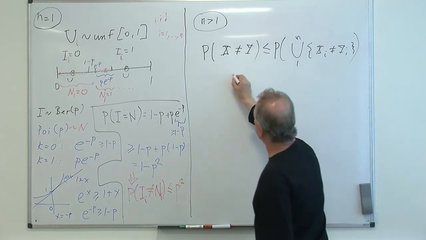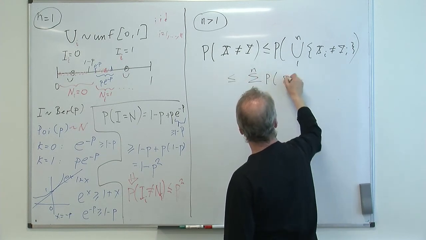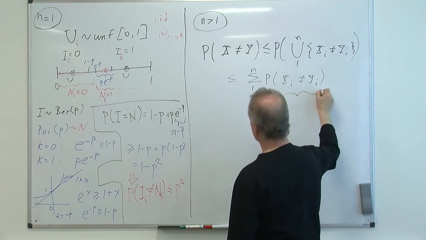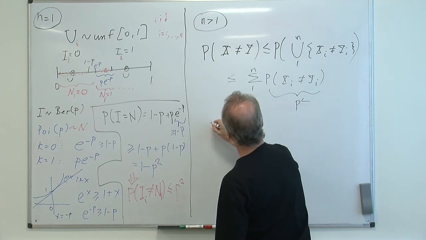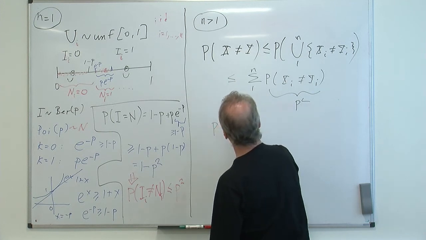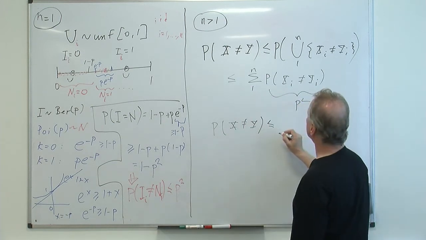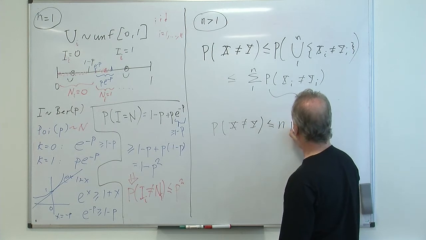And now we can take the sum. And this is, we know, less than p squared. So this probability is less than or equal to n times p squared.